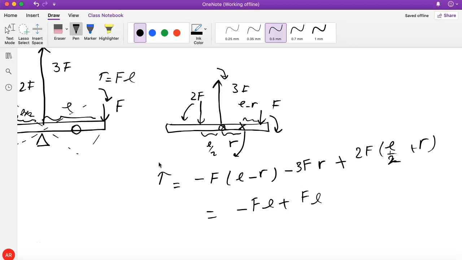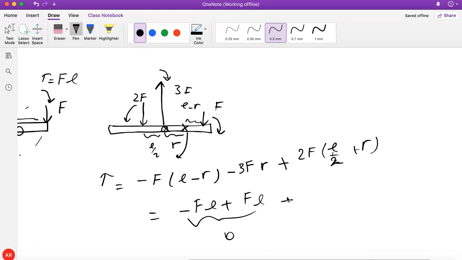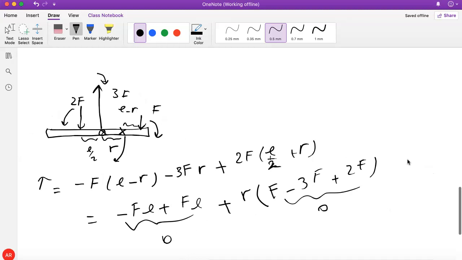I find the torque with respect to the original axis, and that was 0. Now, what's the change in the torque? So I now put together the terms that have an R. I factor out my R. If I factor out the R, from this term I have minus times minus, that's an F. From this term I have minus 3F. From this term I have plus 2F. So that's just the sum of these forces, and we know that's 0. So I get 0.